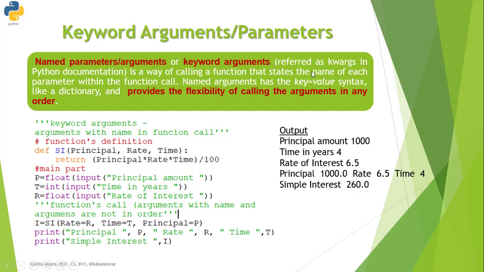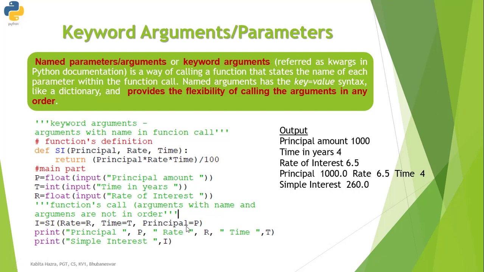This is referred to as keyword arguments in the Python documentation. So here in this example, the same example, simple interest, see the function call statement we have used.